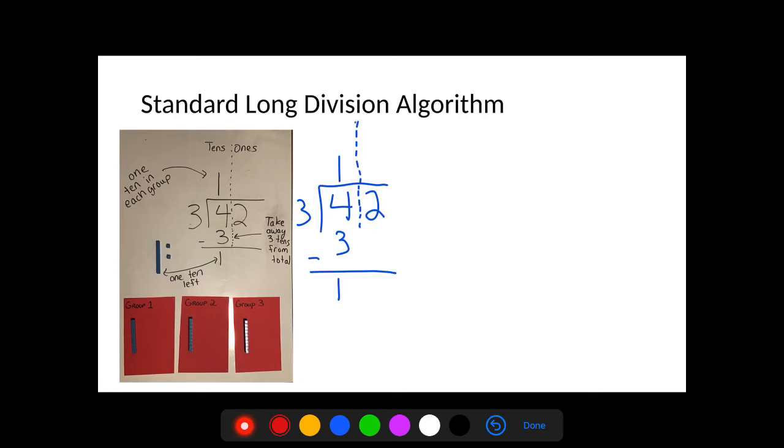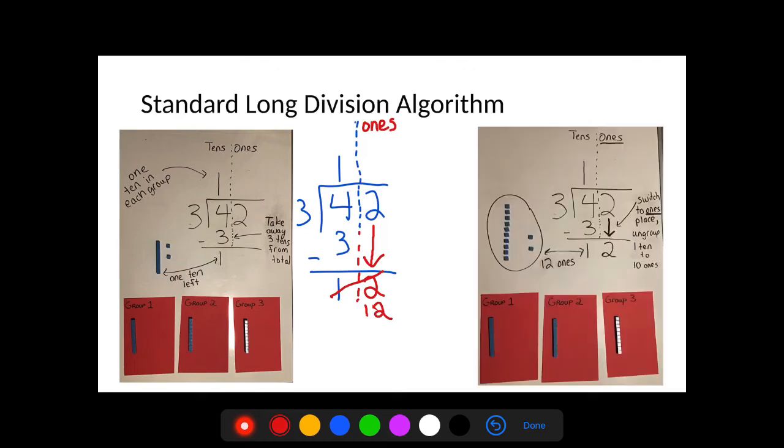Okay, so then what we say is bring down the 2. Well, the 2 is in the ones place, so when we bring down the 2, that signifies let's start working with our ones. We don't usually do this in the algorithm, but we could cross this out and make it 12 ones.